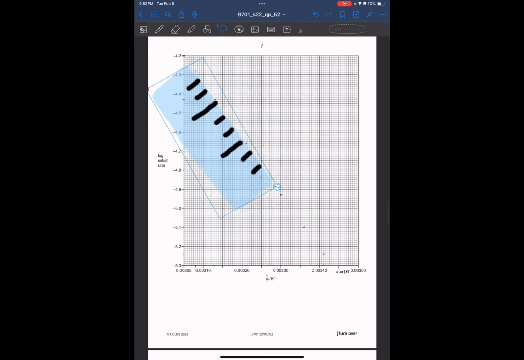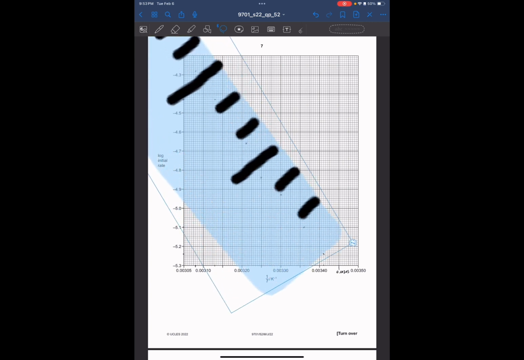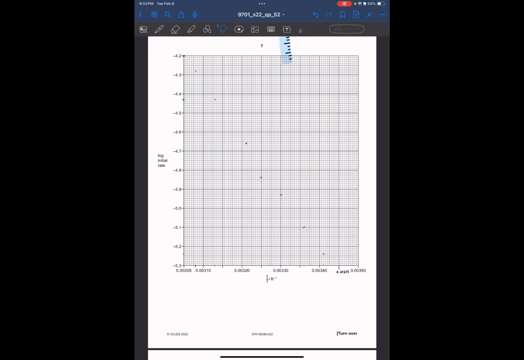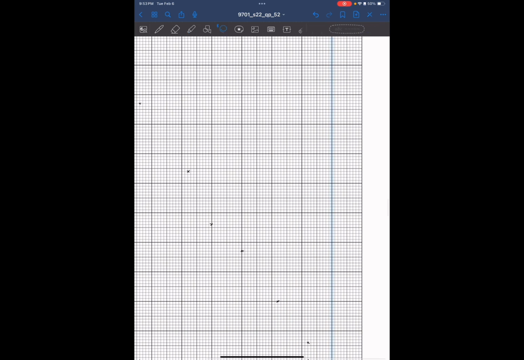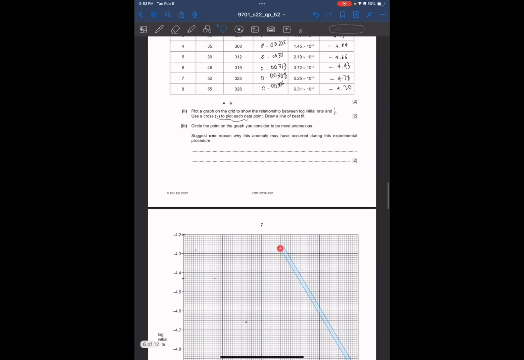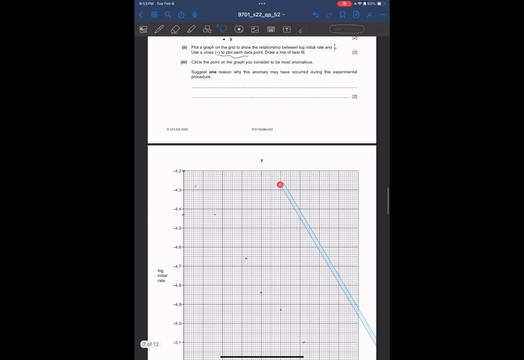Basically what you're trying to do here is draw the line of best fit. Honestly, wait, hold on. Let me just make a better ruler than that. Okay, so imagine that this is our ruler and we're gonna draw a line of best fit. Actually, let me check the question. Yep, draw a line of best fit.